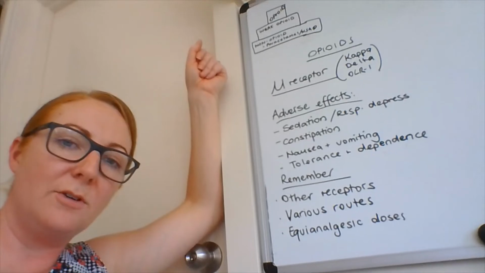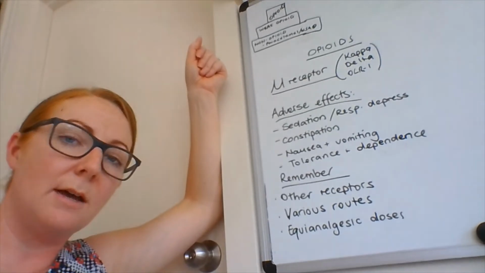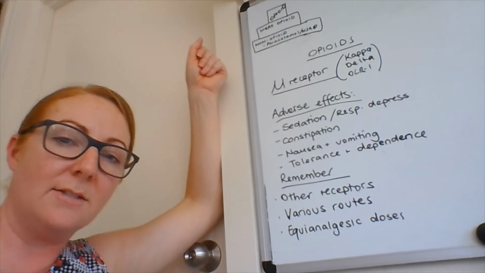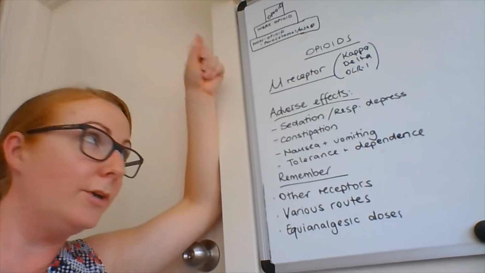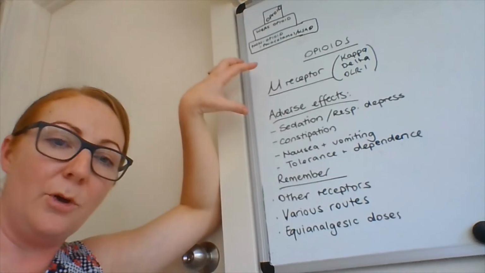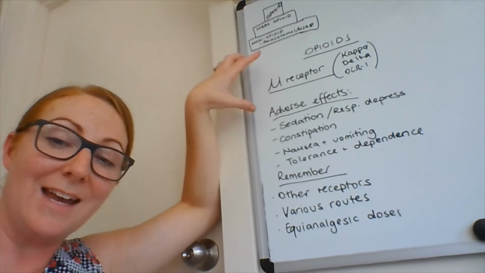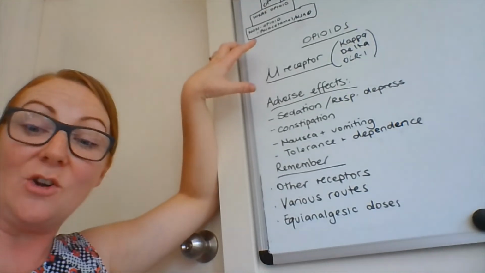So there are a lot of receptors involved, which is why we can use medicines from other classes, like the anti-epileptics, to treat pain. That's really important because some of the opioids have opioid receptor activity, but in addition to that, they have other non-opioid receptor activity.